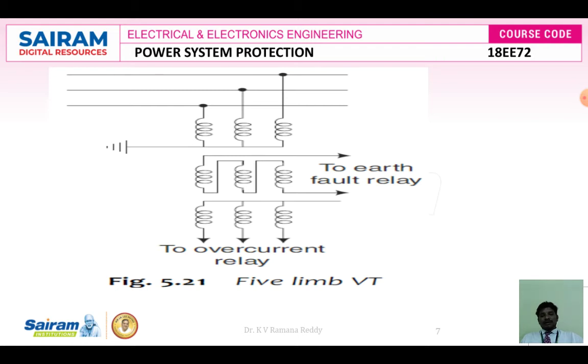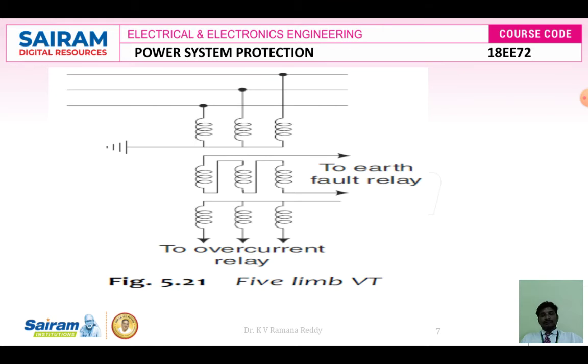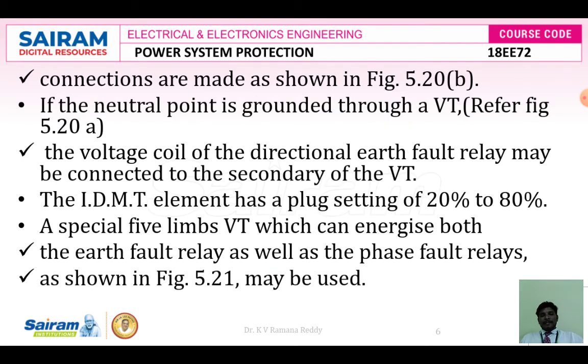Now, in this 5 limb voltage transformer, this is 1, 2, 3, 4 and this is 5 in total. This 5 limb voltage transformer is energized for both the earth fault relay as well as the phase fault relay. The use of this 5 limb voltage transformer is to make the relay sensitive to faults.